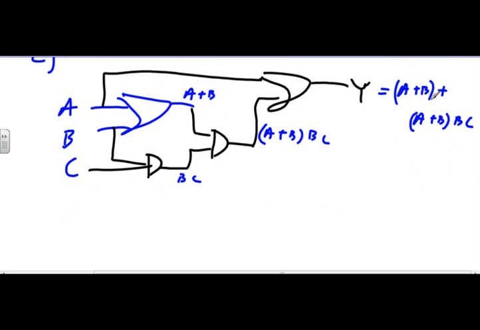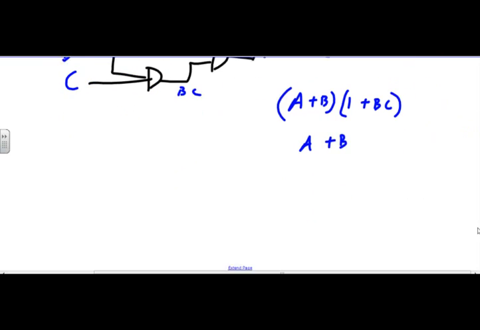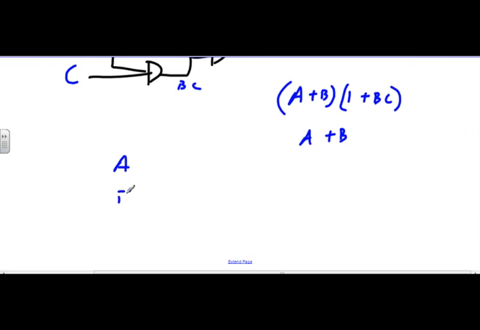So I've got A or B, 1 or B, C, which is A or B. All right, draw a picture, A, B, Y. All right, number delta.